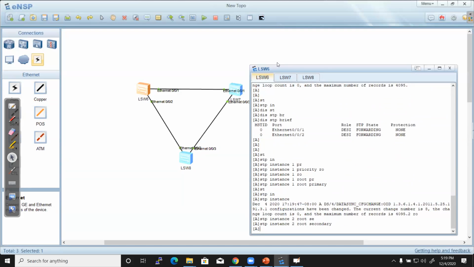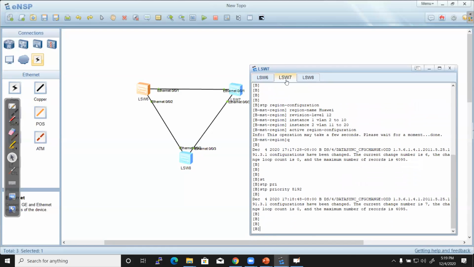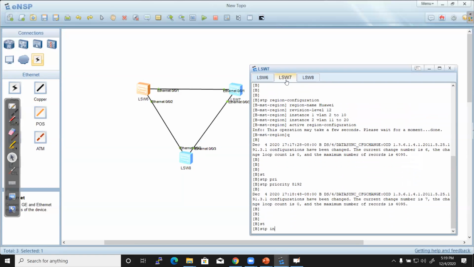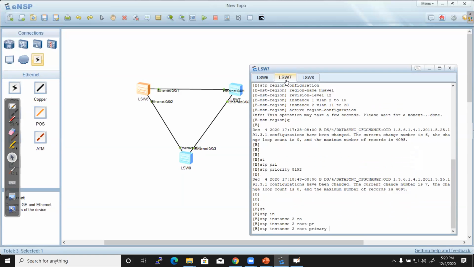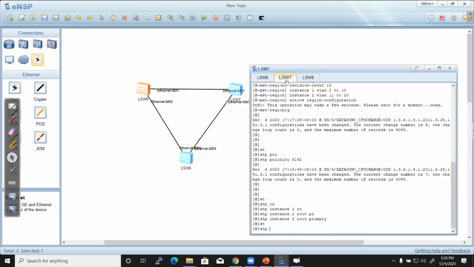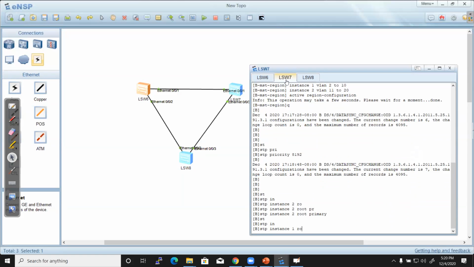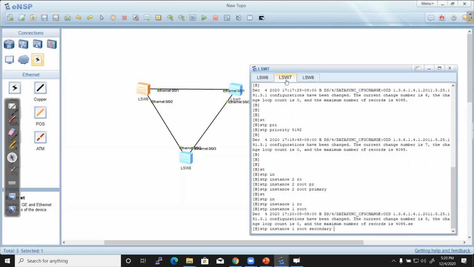Okay, fine. And on switch B, calling STP instance 2, I will set it as root primary, and STP instance 1 as root secondary.